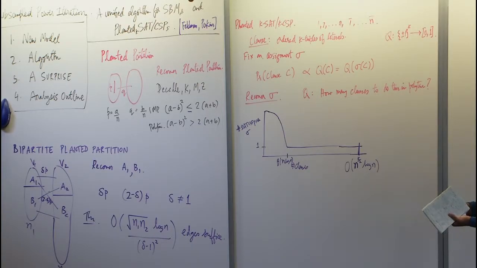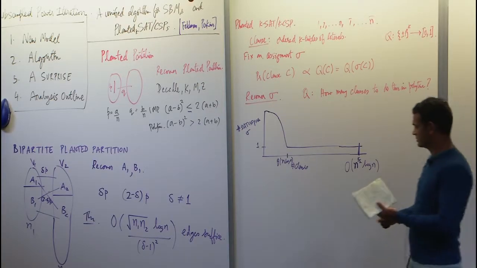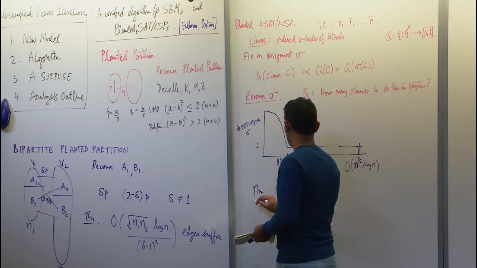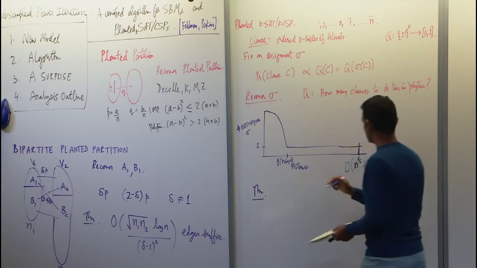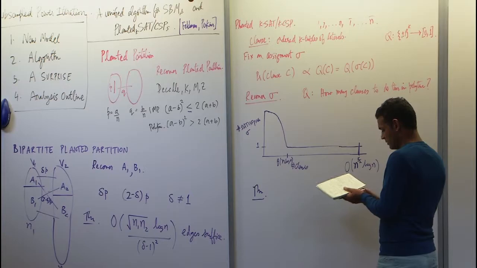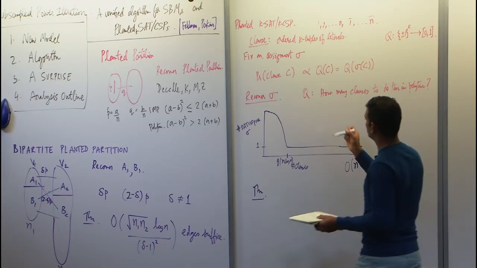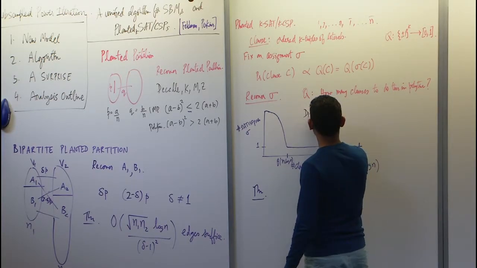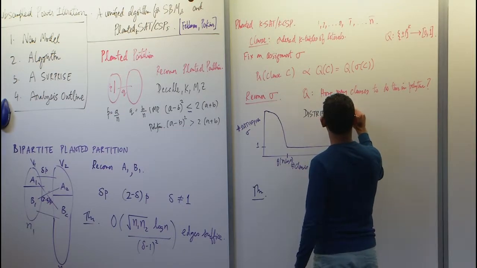Now, let me state the theorem again. To state the theorem, I need one definition, which is the distribution complexity of Q. It's just a single integer.